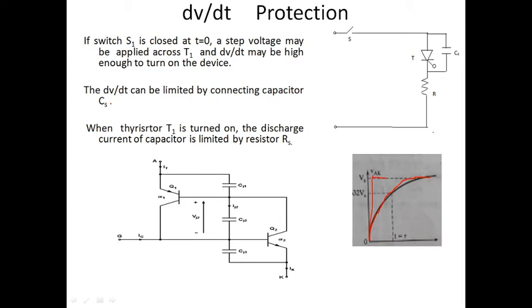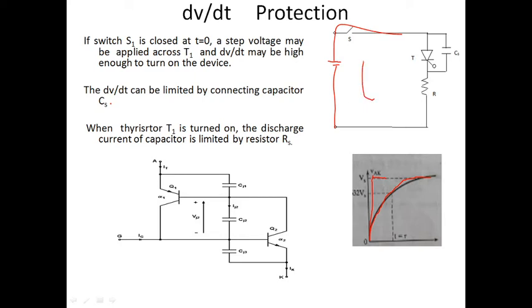How can we convert it? Using a capacitor, connecting a capacitor in parallel to that SCR. So assume that there is a voltage source here. What happens if current is flowing here?